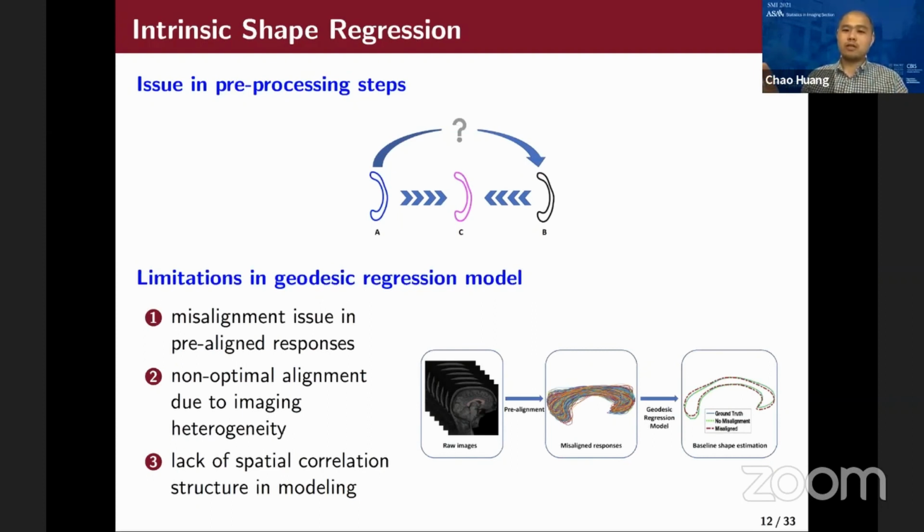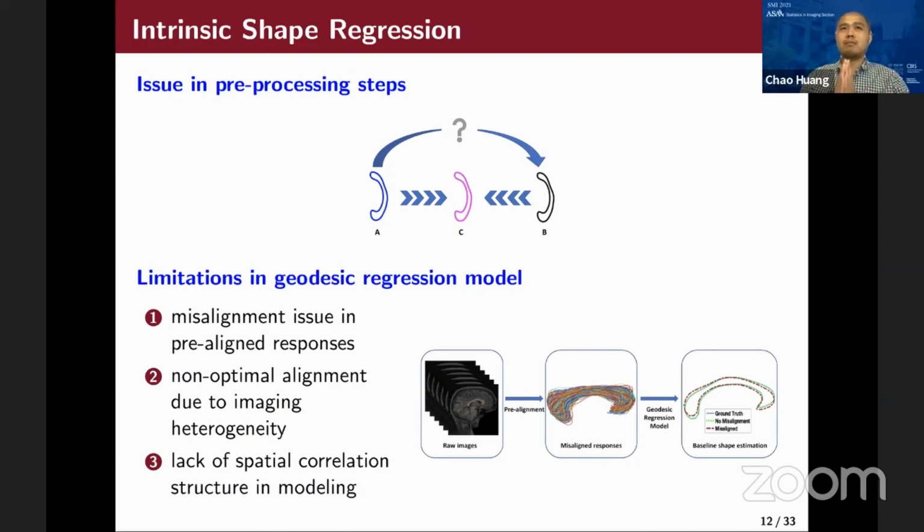But if we use the traditional way, with one template, we only use the image information without any clinical variables in the registration procedure. So this is not optimal here.